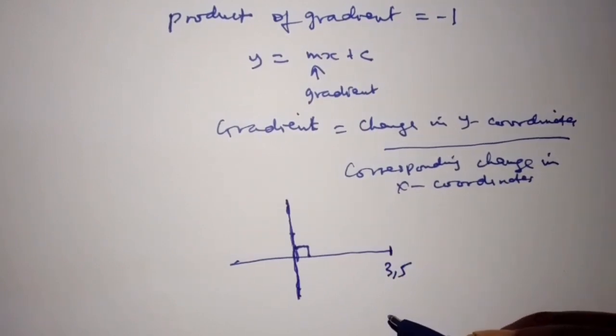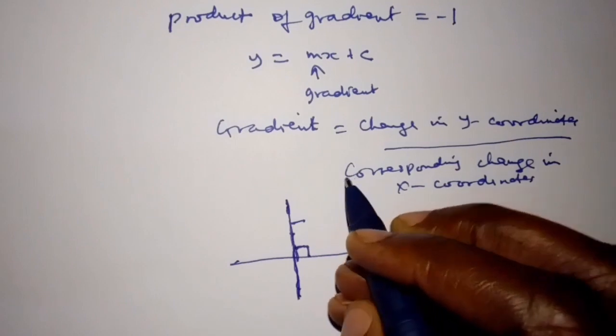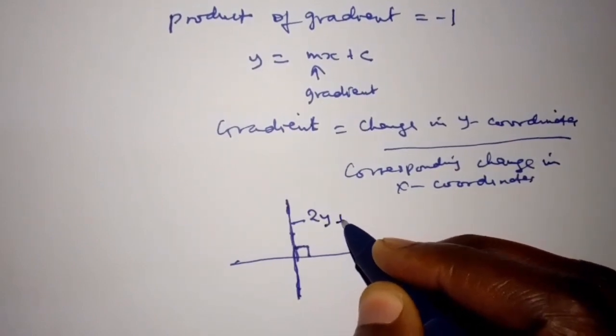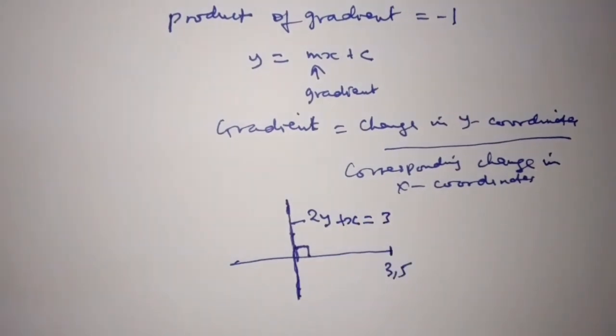It is drawn from point (3, 5) to the line. So let's say this line is 2y + x = 3. Find the equation of the perpendicular.